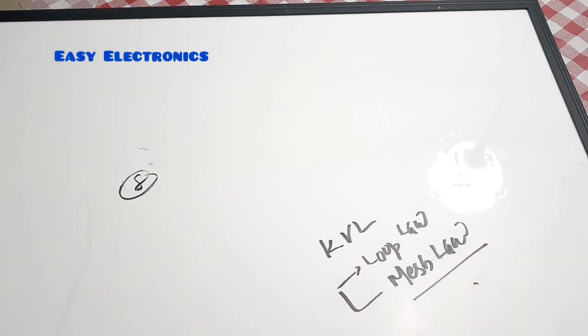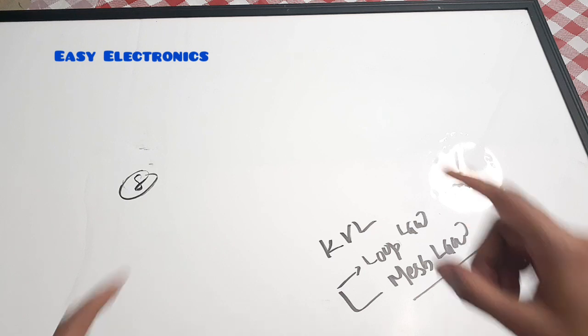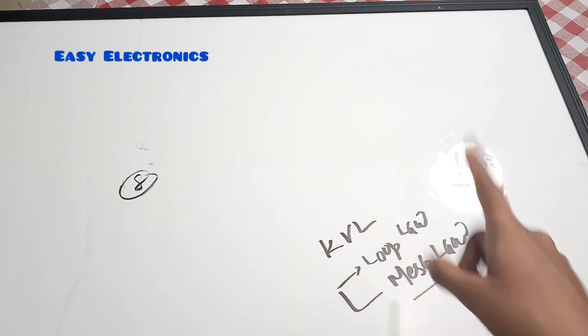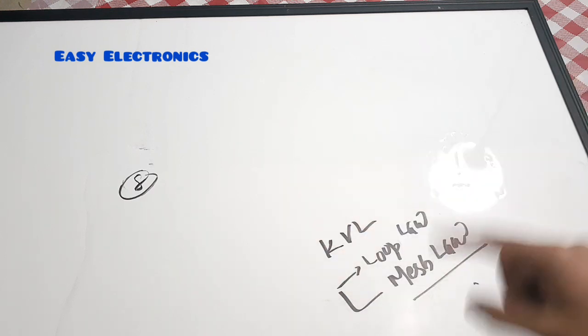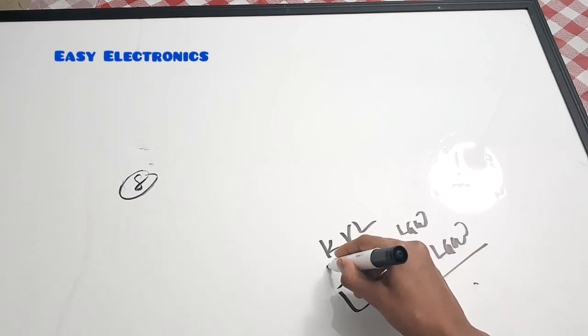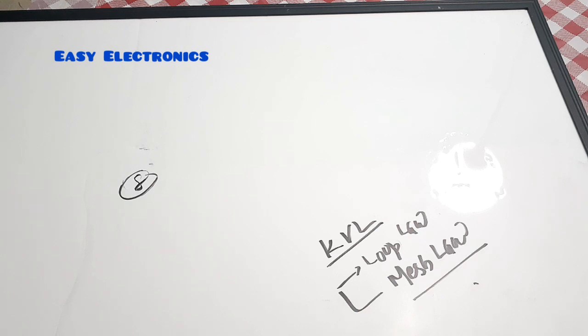Okay, so these laws are based on the mesh nature or the loop nature of the circuit, which we use for solving and finding the properties, which can be voltage or current. Okay, so here we are interested in the loops. So if it is a loop we are interested in, we are going for Kirchhoff voltage law or KVL.